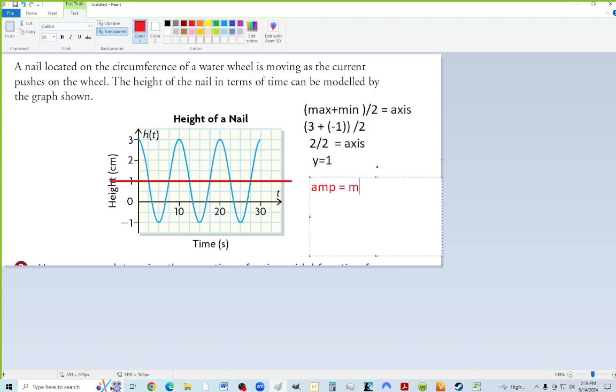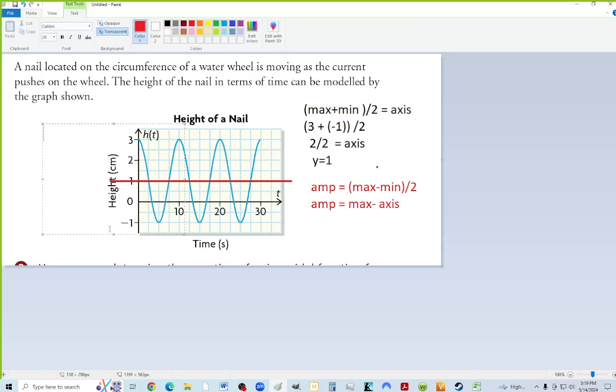Amplitude is either equal to max minus min divided by 2, or amplitude is equal to max minus the axis. Either one works. It depends what information you have. We have both, really, because we figured out max and min. Or we haven't figured out max and min. Since both include max, why don't we figure out what the max of this is?